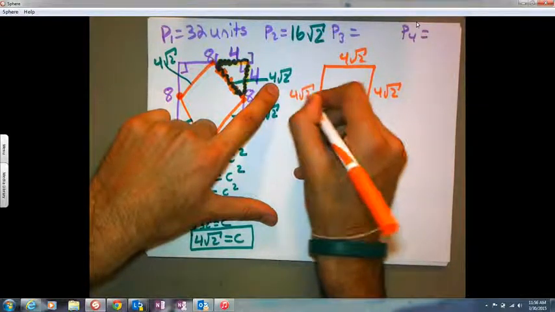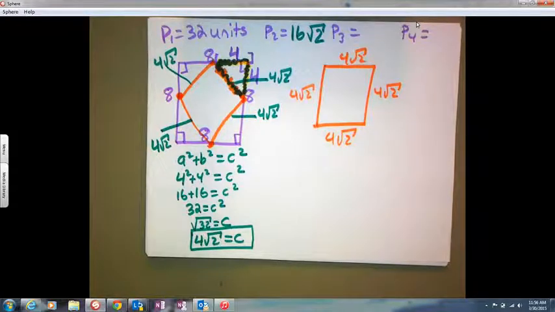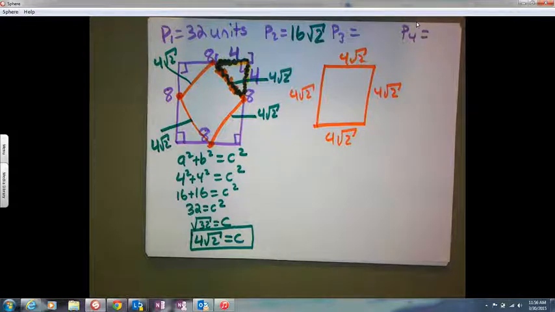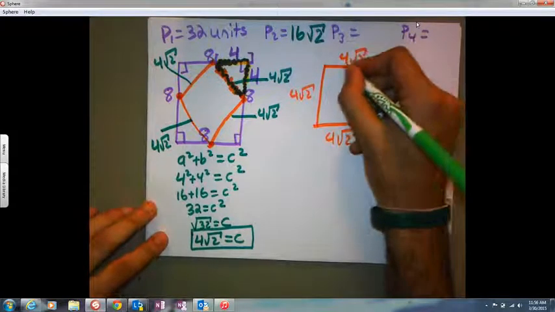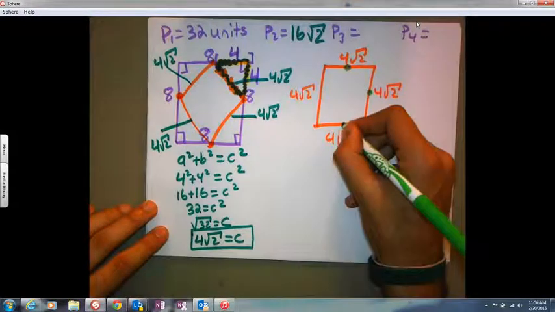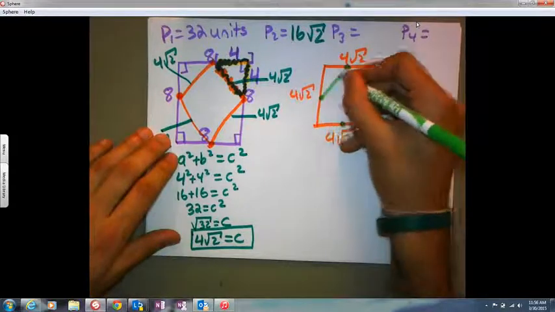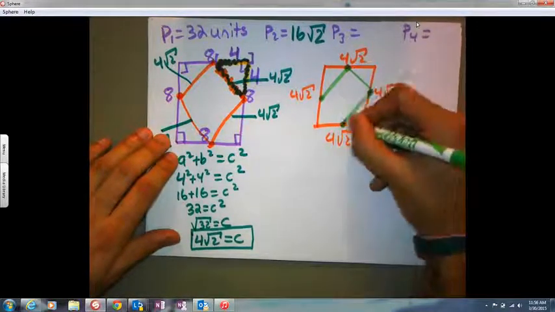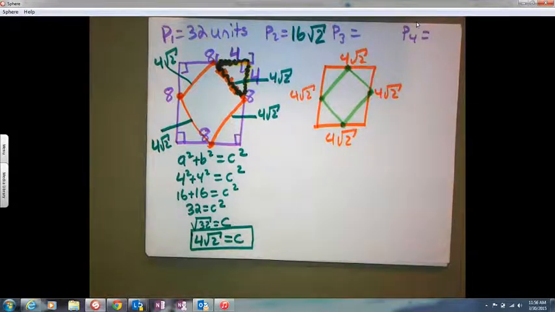And now, of course, same process, just like it says, you find the midpoints of each side, so midpoint, midpoint, midpoint, midpoint, connect them in a square. Remember, these are right angles, because this is a triangle.